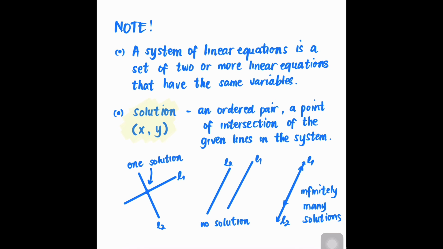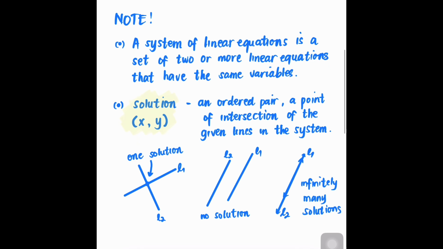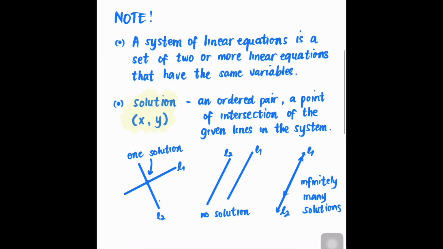So there are three different cases. The first case is when the two lines actually intersect at one point. We're definitely looking at one solution right there, because as per definition of solution, it's the point of intersection.